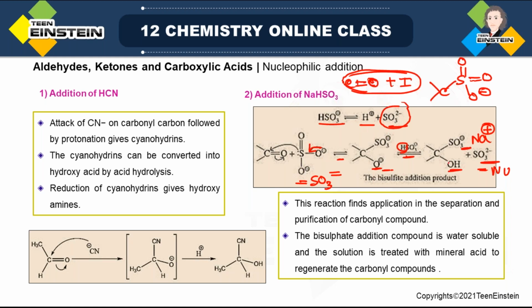After the reaction, this bisulfite addition product, not sulfate, is water soluble. So you can add water, and as the product is water soluble and the impurity is not, you can separate it by filtration. Then the filtrate, which contains the addition product, if treated with mineral acid, will generate the carbonyl compound back.